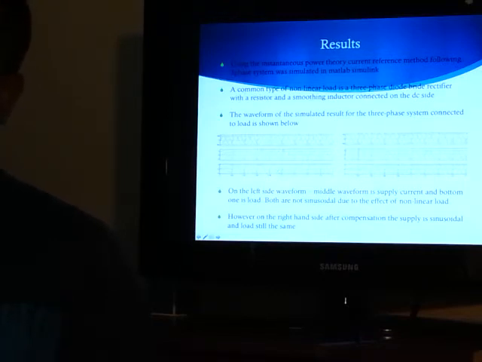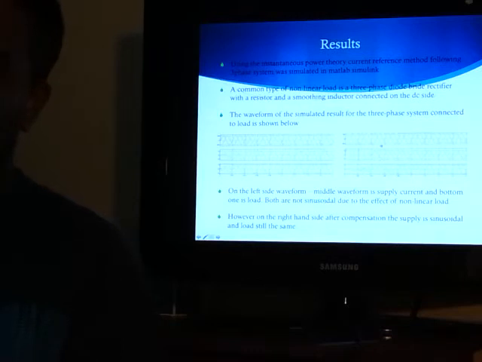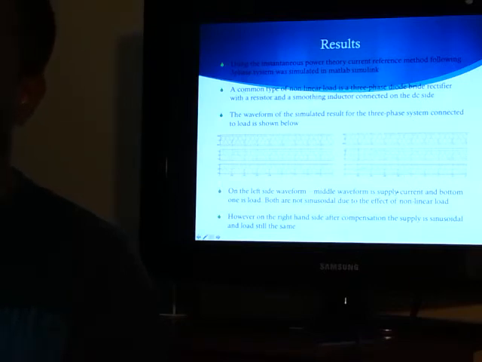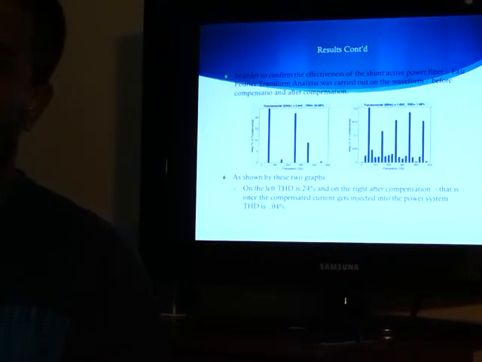This is before being compensated. Then, using the same compensator, after compensation we have the supply voltage followed by the supply current, which has become sinusoidal, and then the load current, which is still the same. So we can definitely say that the active filter does work.